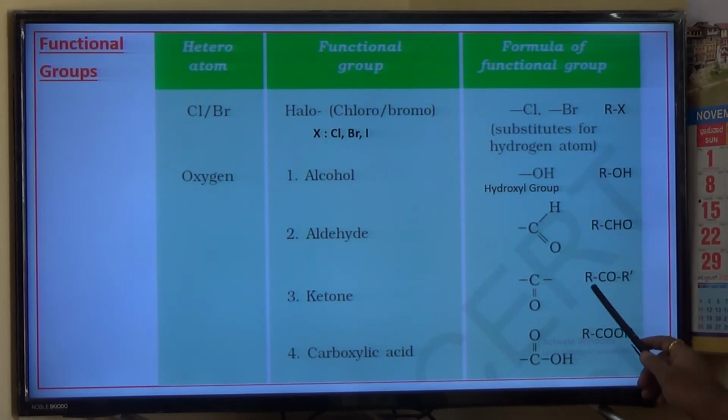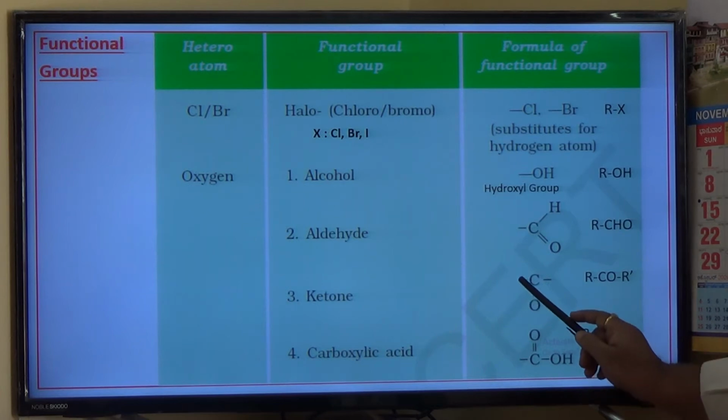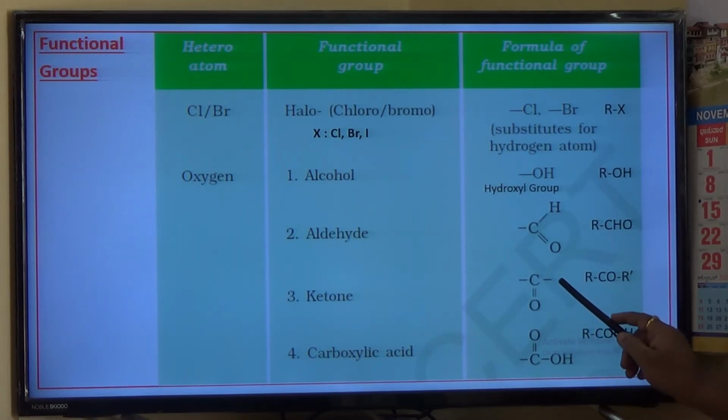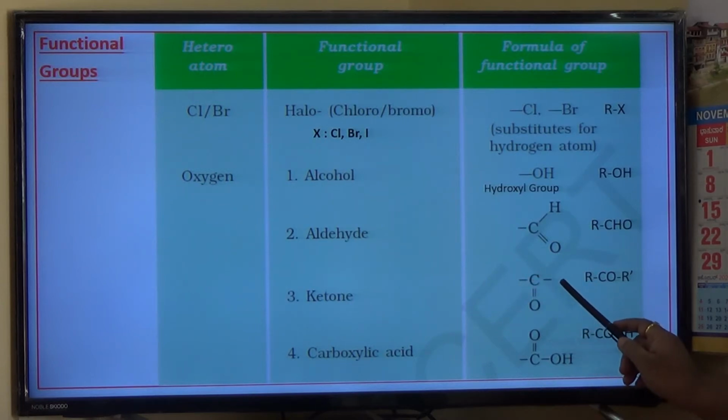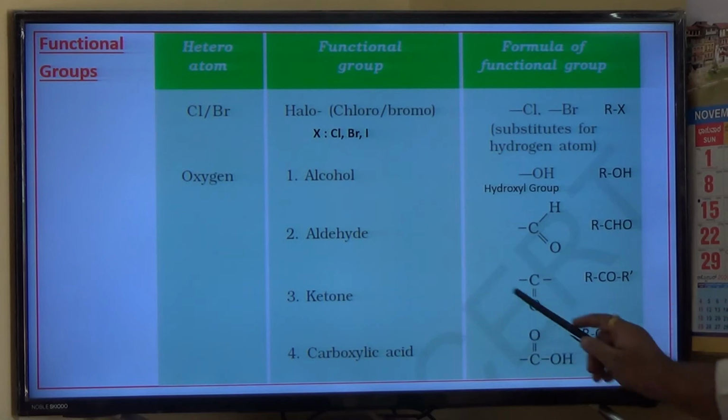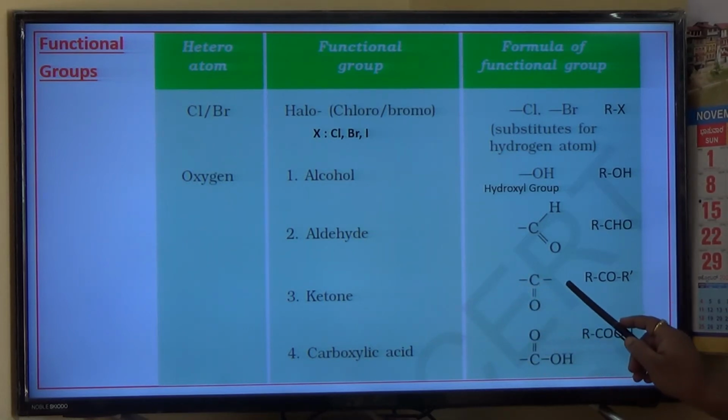R and R dash can also be the same. For example, here I can attach a methyl group, and here also I can attach a methyl group. That is, R is nothing but an alkyl group, and R dash can also be the same as R. If I attach CH3 over here and CH3 over here, then this completes one compound, CH3, C double bond O, CH3.